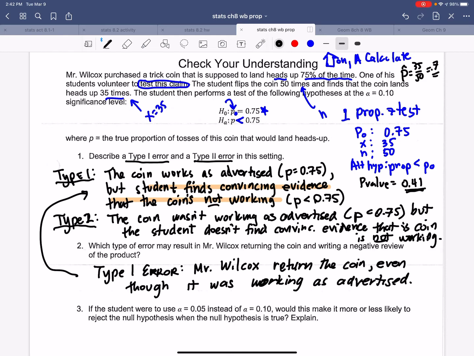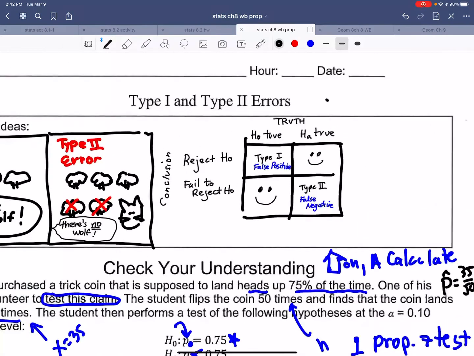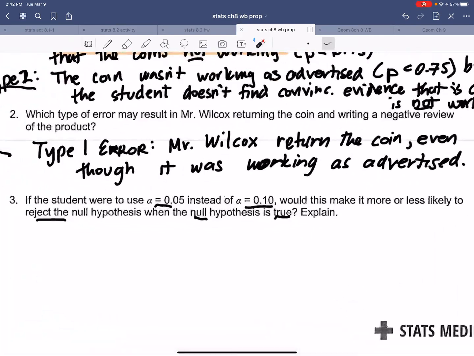All right, if the student were to use an alpha of 0.05 instead of an alpha of 0.1, would this make it more or less likely to reject the null hypothesis when the null hypothesis is in fact true? So would this change the likelihood of a type 1 error? And the answer would be absolutely, right?